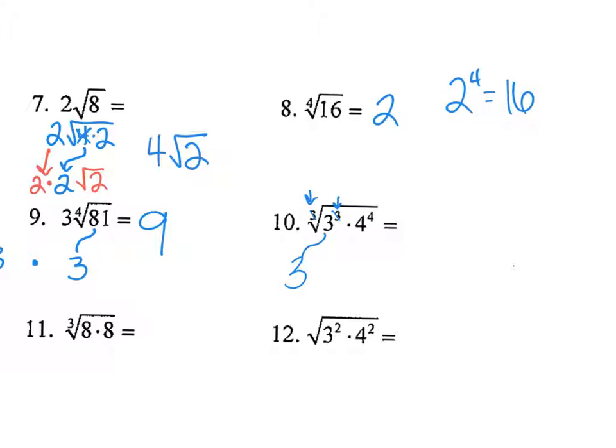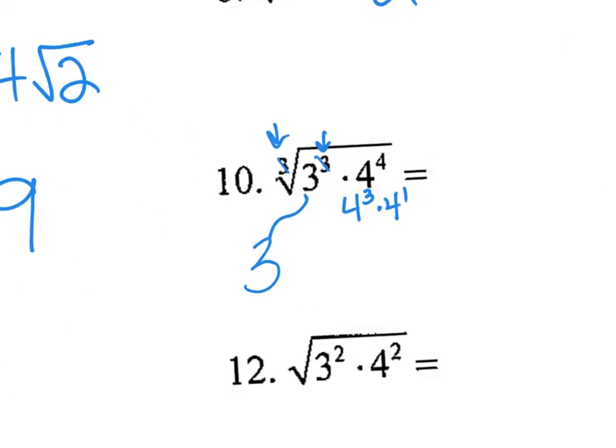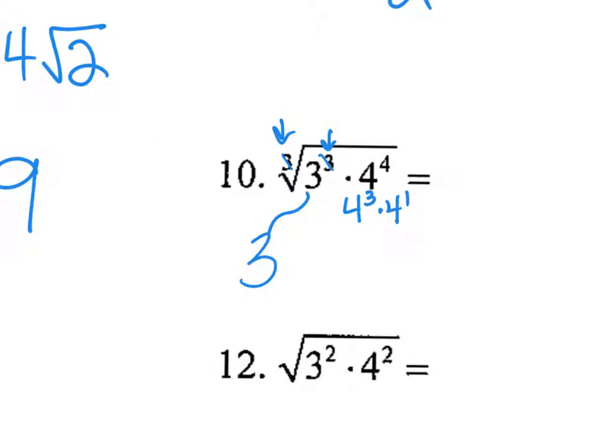Now, here's my issue with the 4. I'm going to break down the 4 and I'm going to write 4 to the 3rd times 4 to the 1st. And the reason that I'm doing that is because I need to think of something that's going to cancel out the cubed root, the 3rd root. And a 4, the way it is, nothing can pull out.